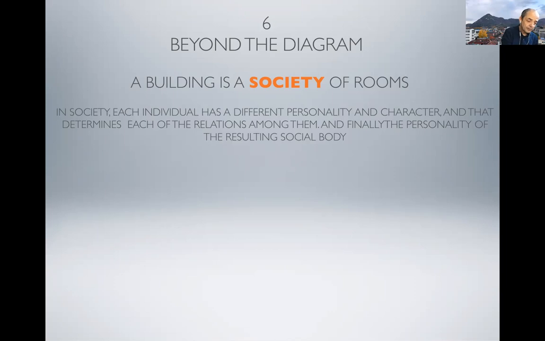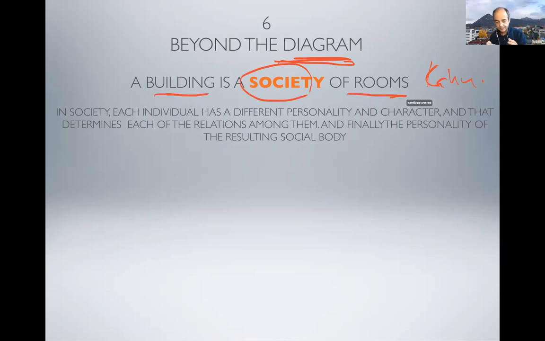But the diagram is not all, and I quote from Kahn, right? He said a building is just a society of rooms. And it's a beautiful comparison, because society is us. Society is made of individuals, and think of a studio class as a small subset of society. This is your 3rd studio.